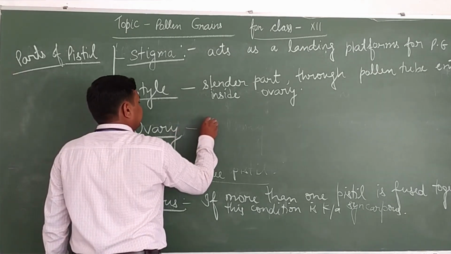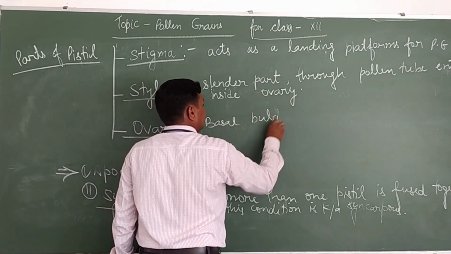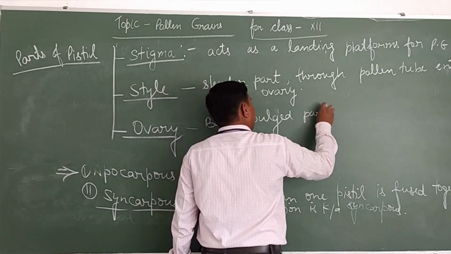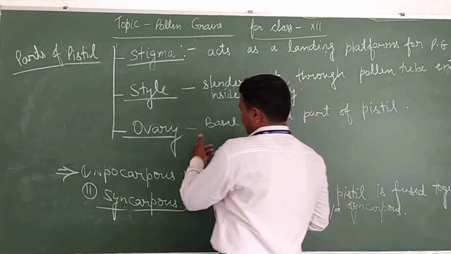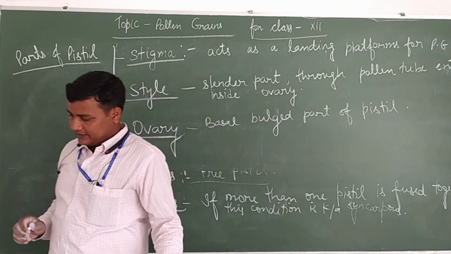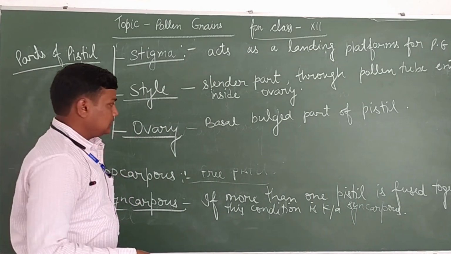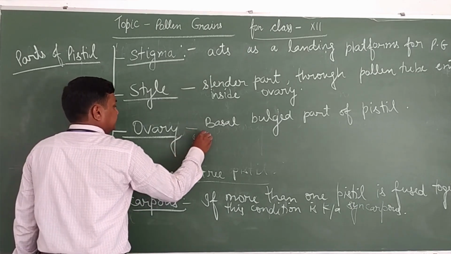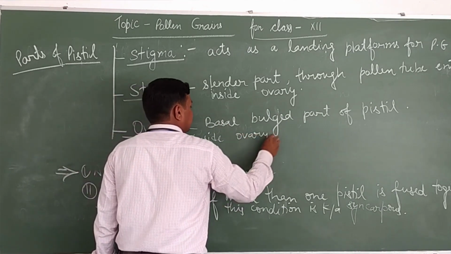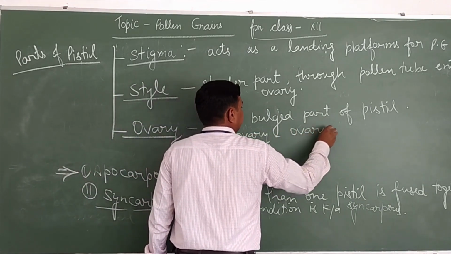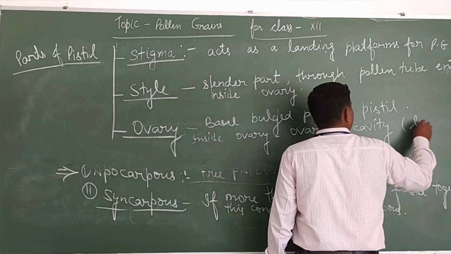And ovary is the basal swollen part of the pistil. It contains various ovules. Inside the ovary, there is an ovarian cavity. The ovarian cavity is also known as locule.